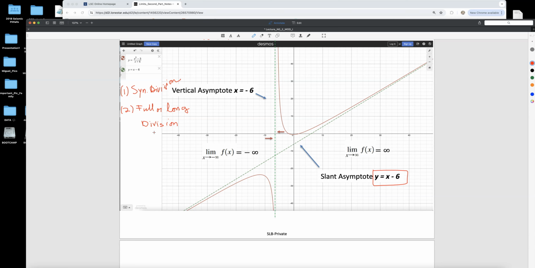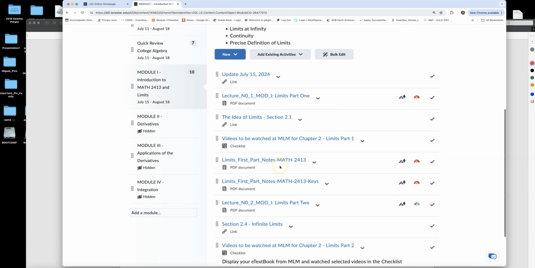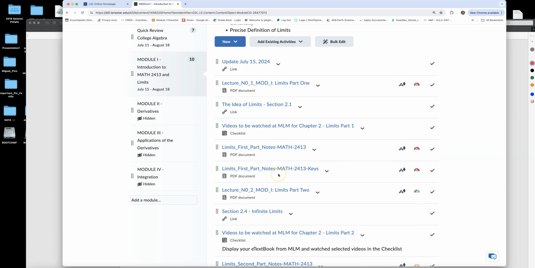And some more. We're going to have another video about continuity in which we're going to have some additional practice exercises. Okay? Well, what else do I want to tell you in here? In addition, the notes for the first part of limits, the keys, are already available to you guys.